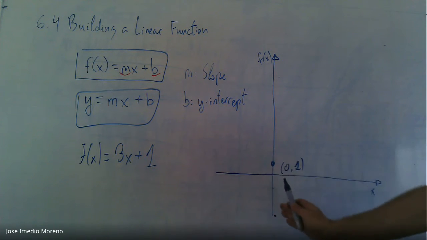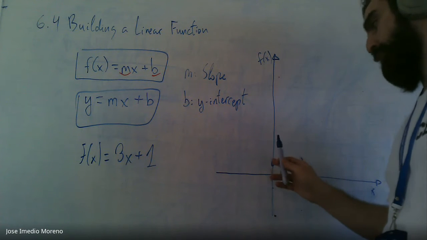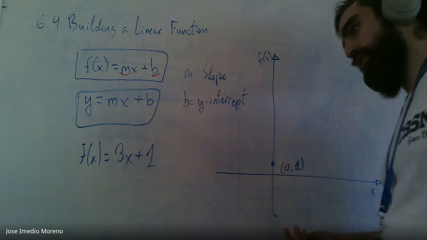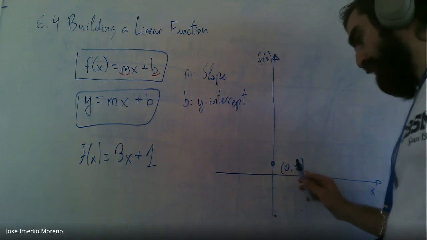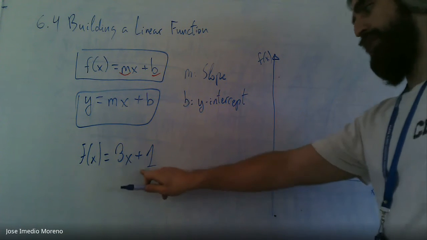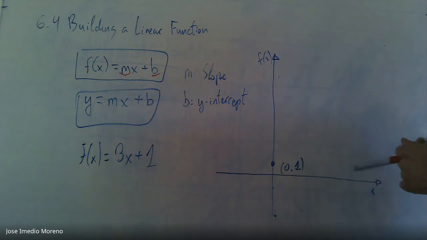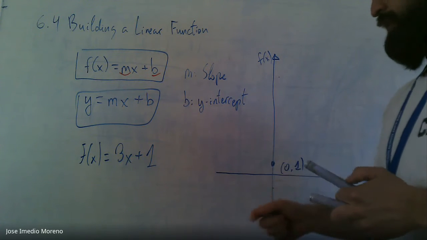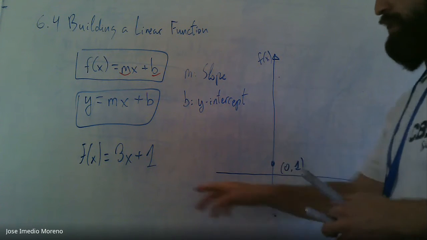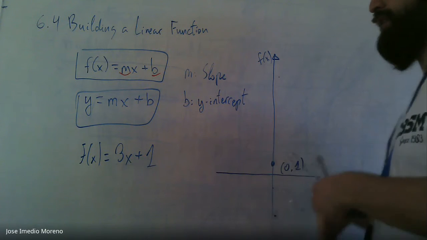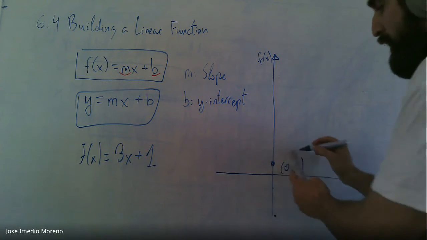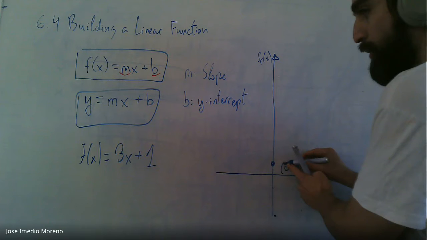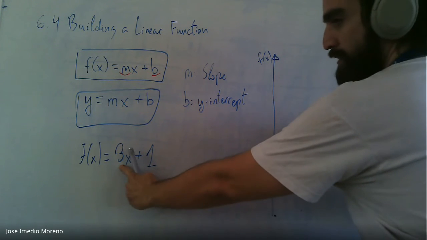As it's the y-intercept, a point where the function is crossing the axis, the x-coordinate is always going to be 0. But the y-coordinate is given by this number. And what does the slope mean? The slope, as I said, determines how steep this is. If I have a 3 here, I will explain why, but this means I have to move 1 step to the right and 3 steps up.